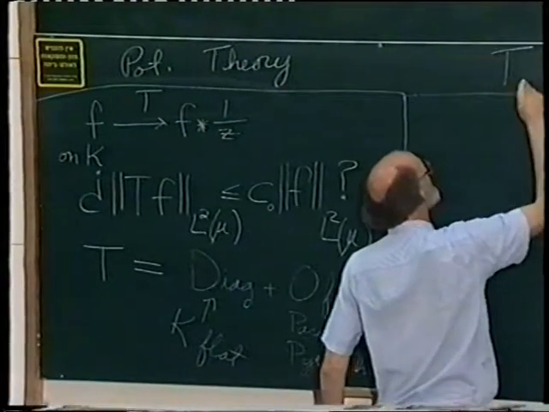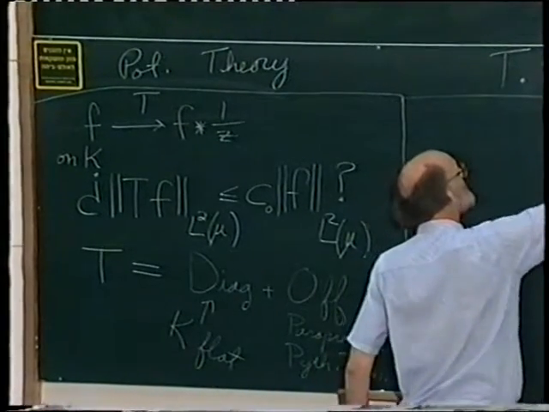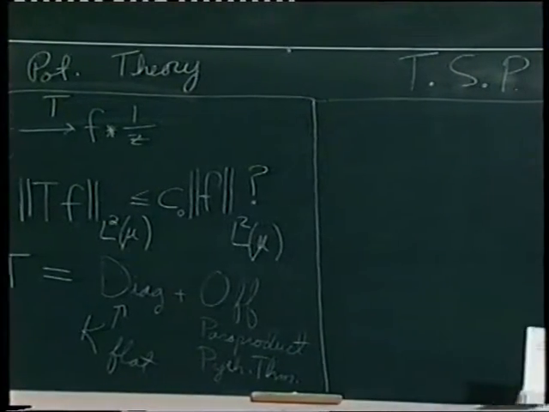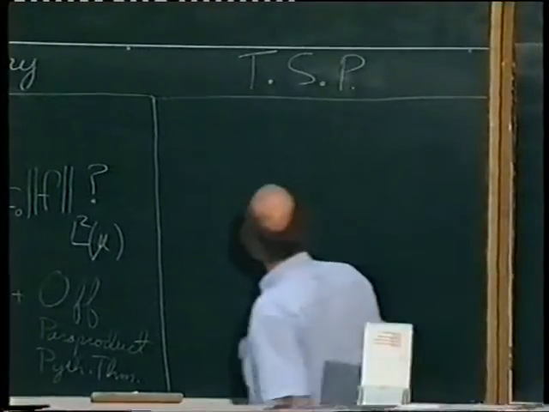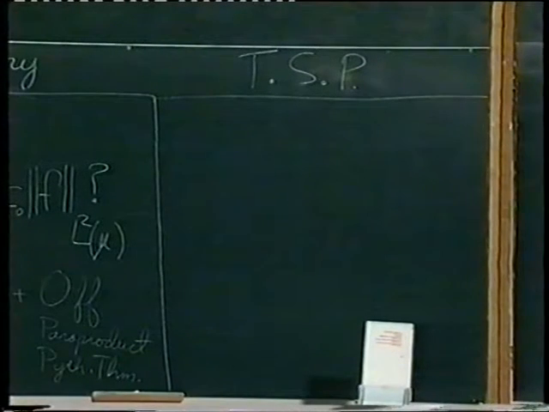And I will put the classical traveling salesman problem. Think of this in R2, okay? Don't yell yet. The classical version of this is you have endpoints and you look for the shortest Hamiltonian cycle.